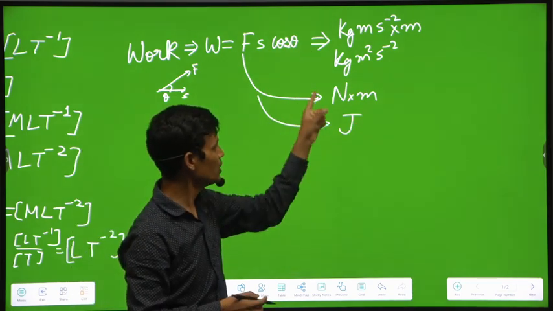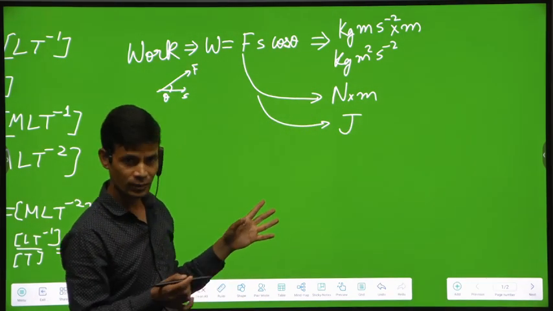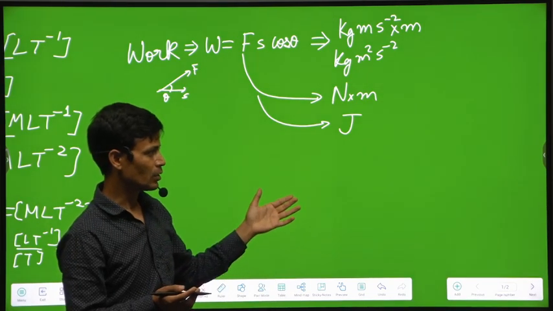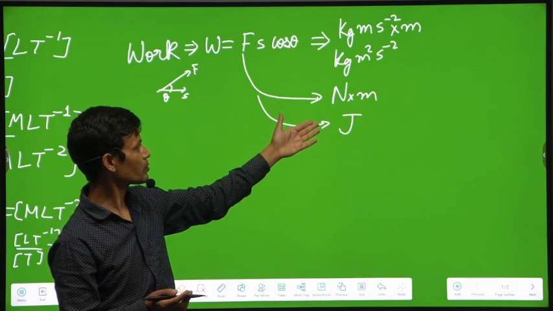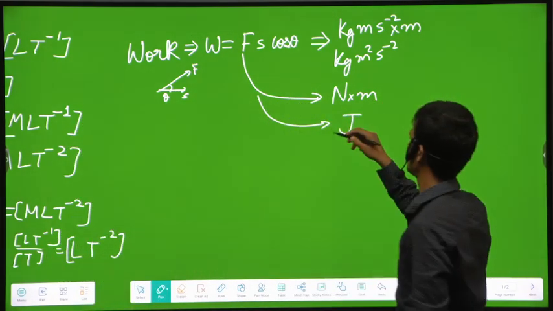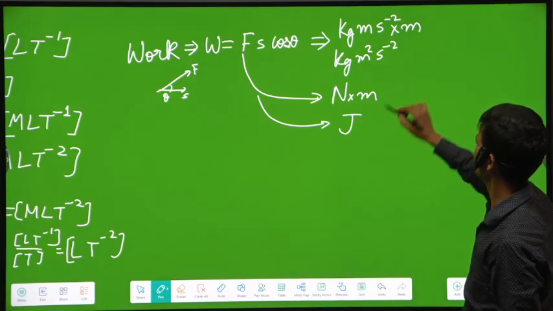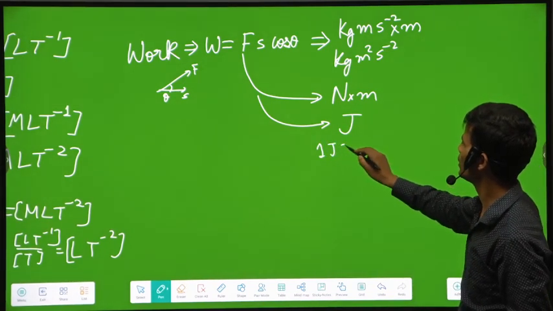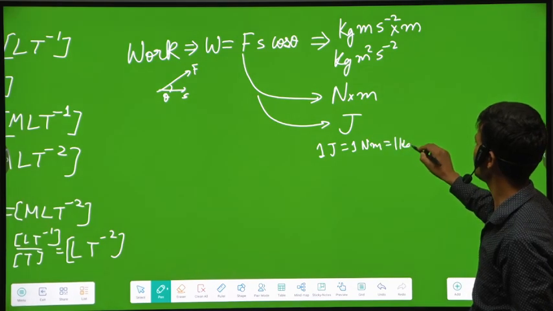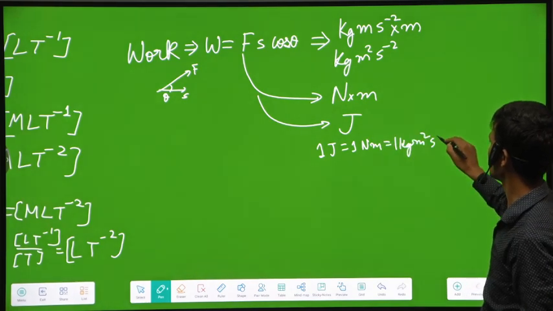All of these are SI unit representations of the same unit, but the terms are different. Actually, 1 joule is equal to 1 Newton meter, which is equal to 1 kg meter square per second square.